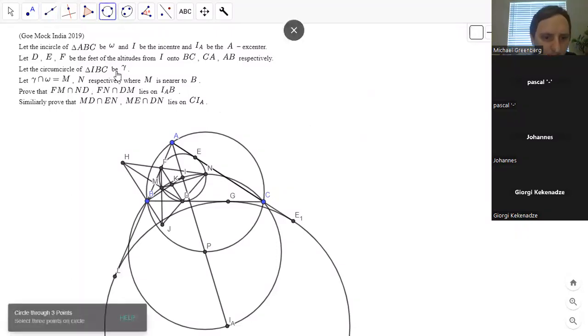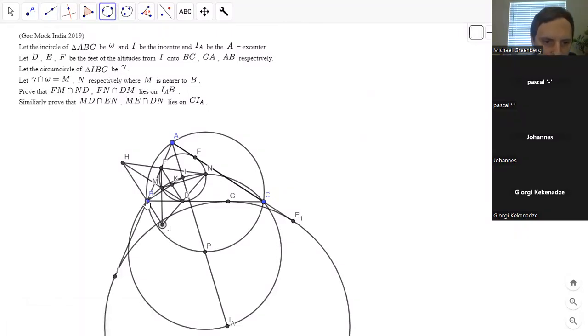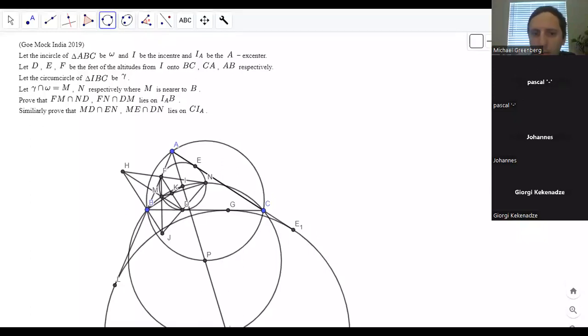So is JBFN cyclic? So yeah, let's see if we could show that B is the Miquel point of that quadrilateral. You can prove it by angle chase.